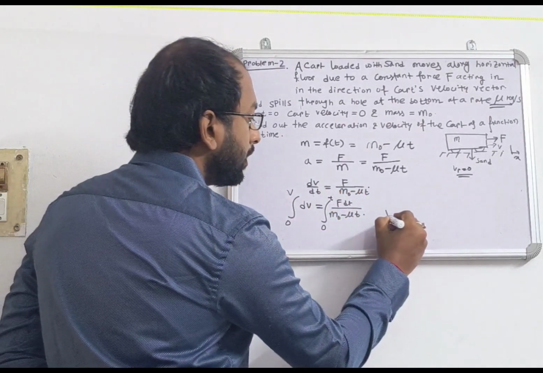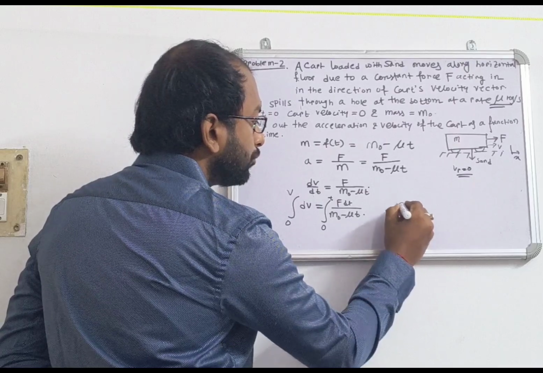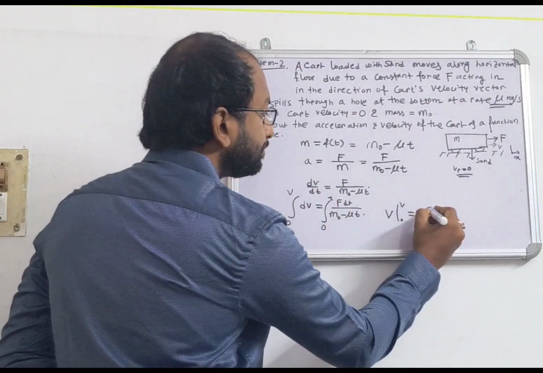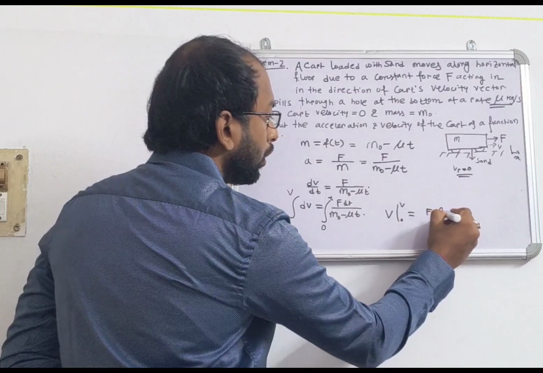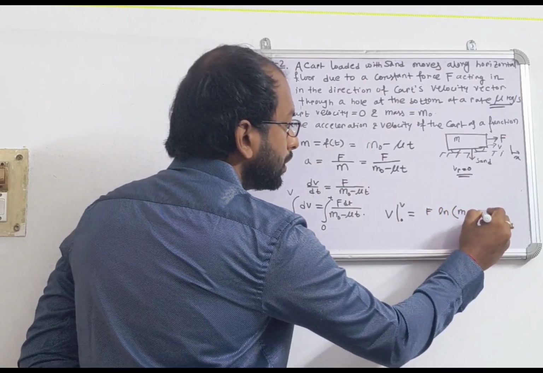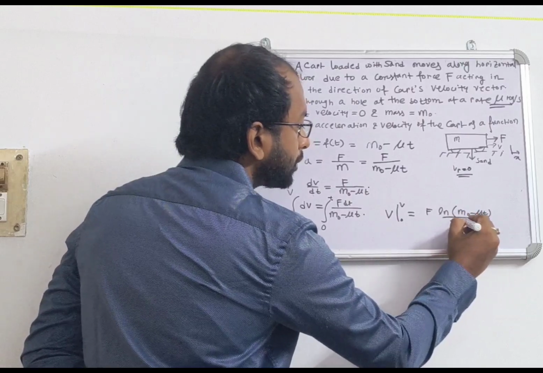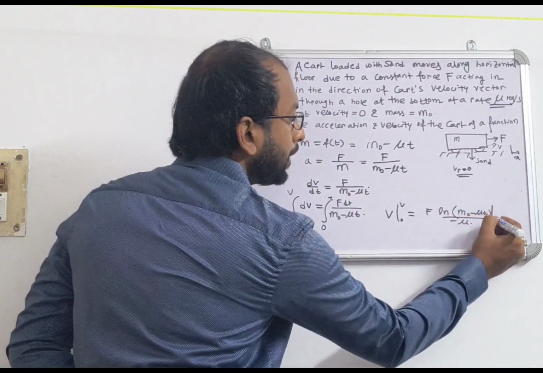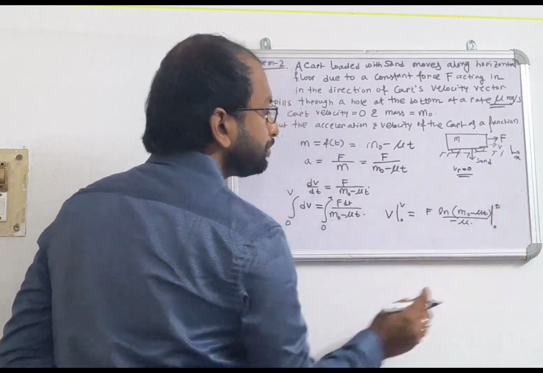If you perform this integration from 0 to v of dv, the integral is the log of the denominator, m naught minus mu t, divided by minus mu, and I'll put the limits from 0 to t.